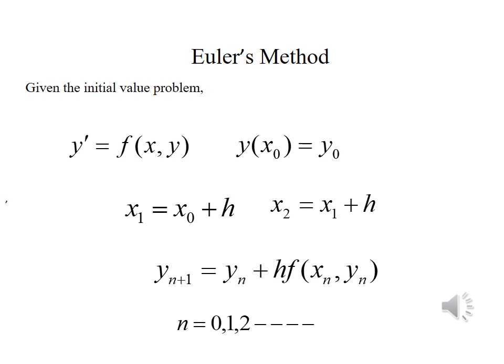Then you calculate x1, x2, etc. x1 is x0 plus an increment h, and x2 is x1 plus an increment h, etc. Then yn plus 1 is equal to yn plus h into function of x and yn. That is the formula. So we calculate for different n values, then you get the answer.